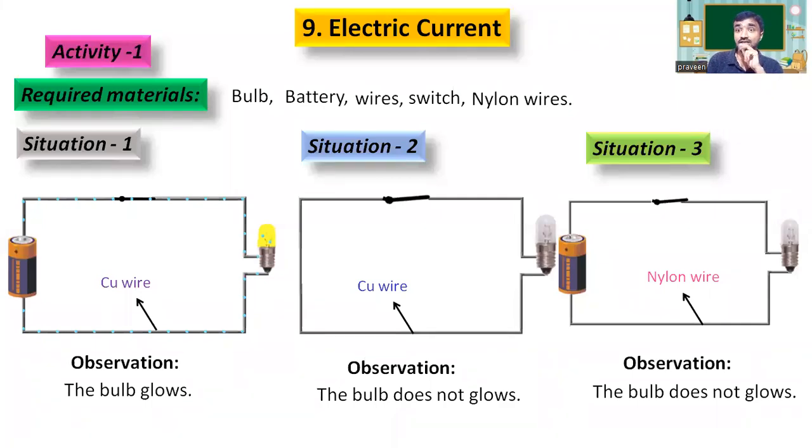So without a source, the rest of the things are connected. So I realized that the source may be important for the glowing of the bulb. That is my observation in situation 2. Then I realize that in situation 3, I have a source. The same thing I used in situation 1, a working battery, the same switch, the same bulb, all in working condition. But maybe the reason is nylon wires, right?